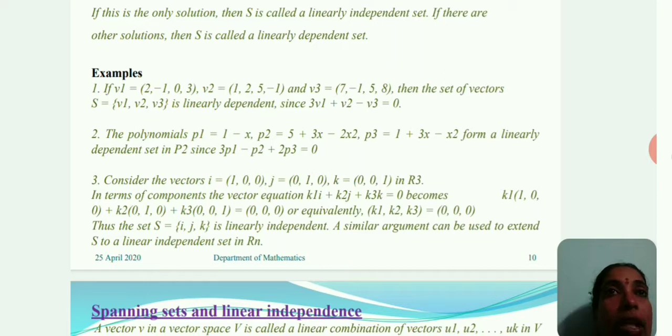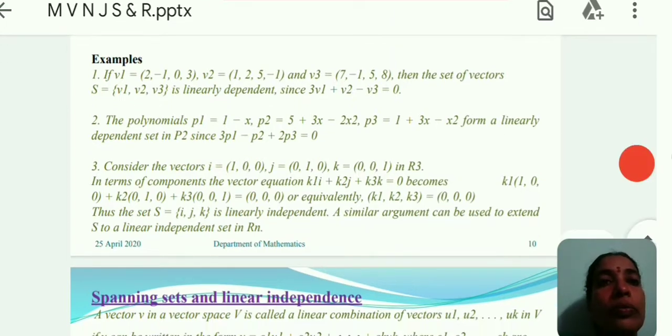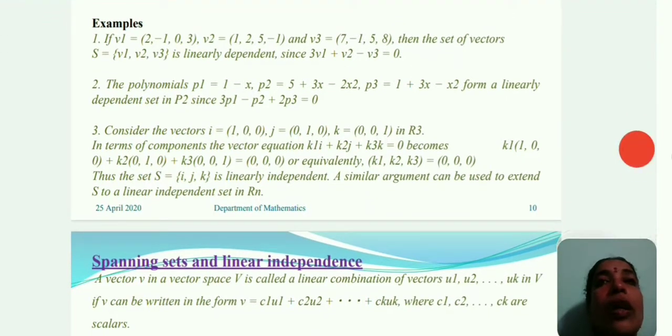Here the scalar values are a1 = 0, a2 = 0, and the last element an = 0, where a1, a2, and so on up to an belong to the field, not all zeros.